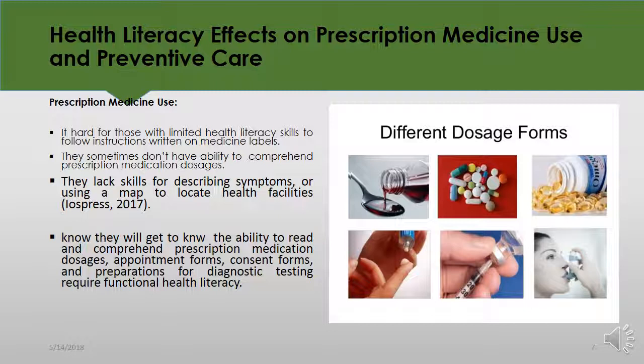So if you don't know how to read, low health literacy will affect you because you can't know the dosage, where the medication is, how many pills you're going to take, or where the clinic, hospital, or health facility is located.